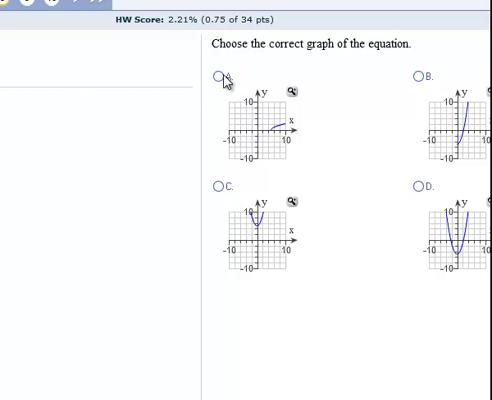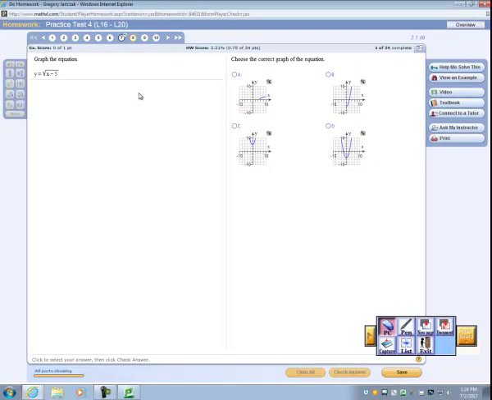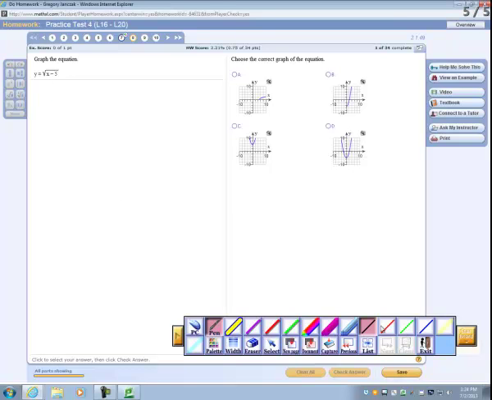Okay. Here you're going to choose the correct graph. Some of these you're going to have to graph using the palette. Now here, basically you have to remember what a square root looks like.